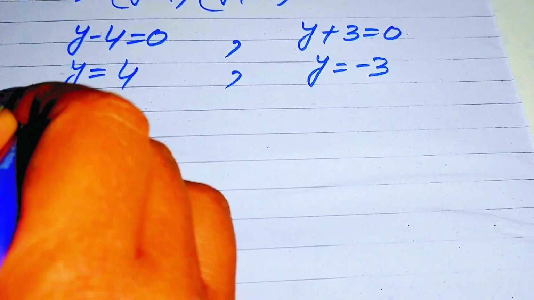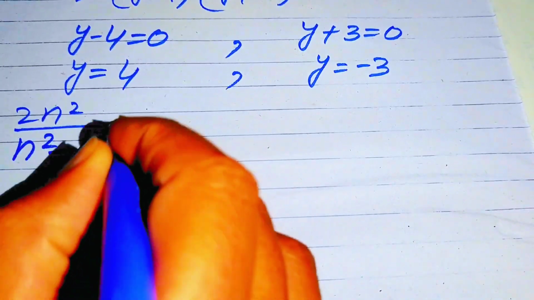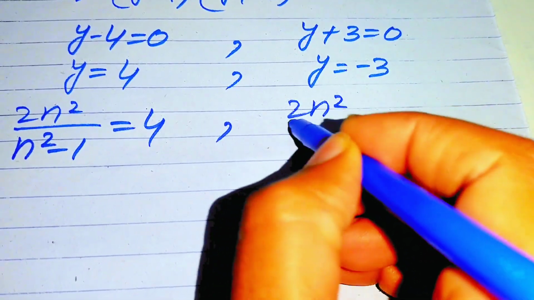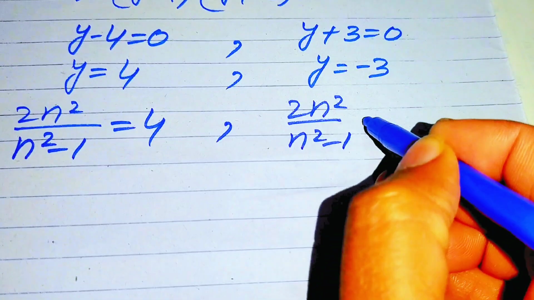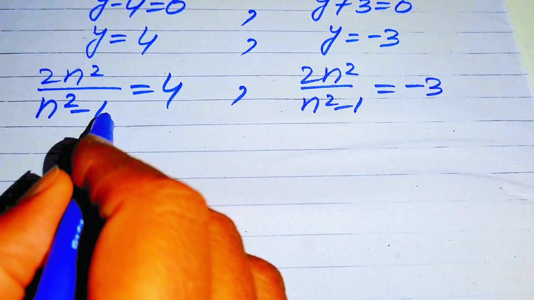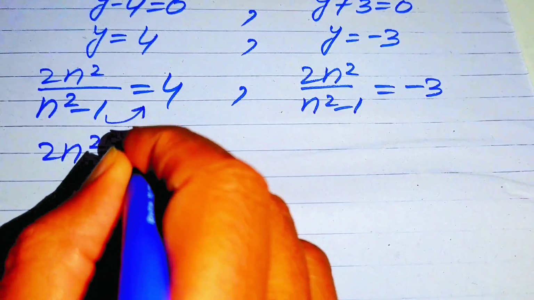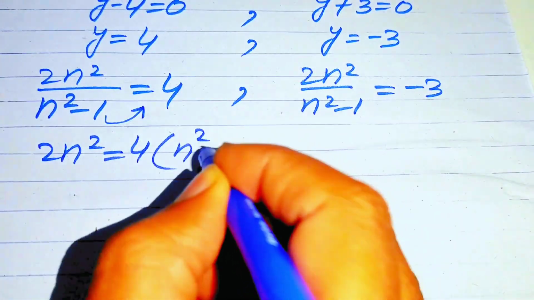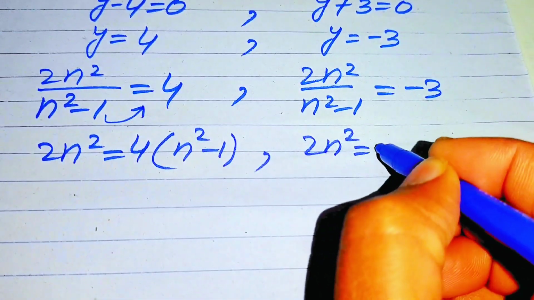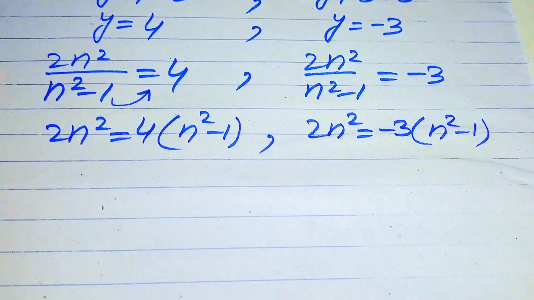So here we have y equals 2n² over n² minus 1 equals 4 in the first case, and 2n² over n² minus 1 equals minus 3 in the second case. Now we move the denominator to the right-hand side, and it becomes 2n² equals 4 times n² minus 1, and 2n² equals minus 3 times n² minus 1.